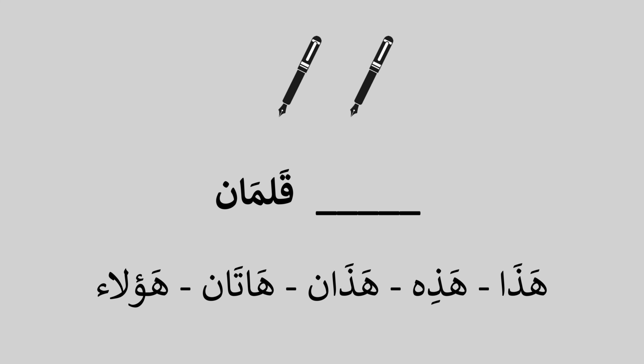So, what will you choose for dual masculine? Yes, هذان, هذان قلمان. We don't need to see the picture. Only the word is enough for us to indicate the type. From this suffix, a and na, we know that it's a dual masculine.